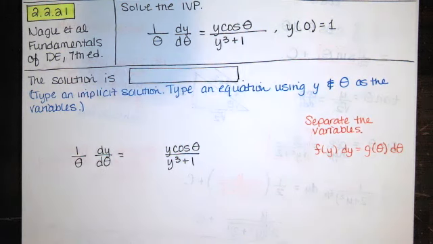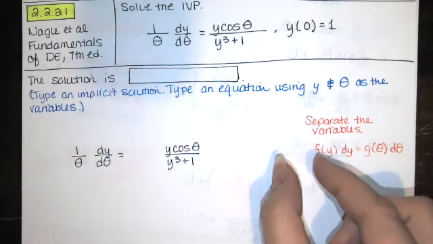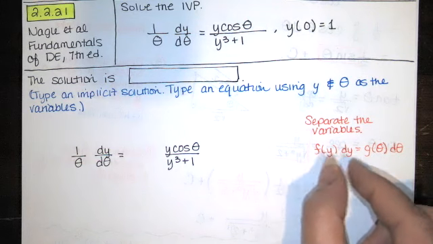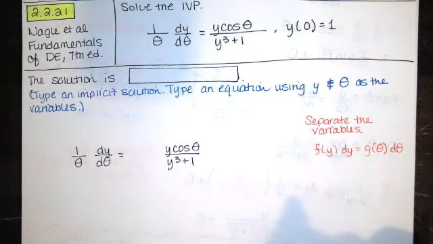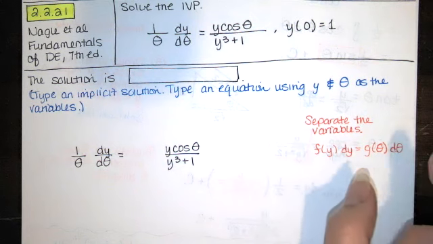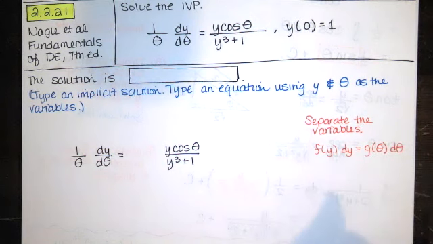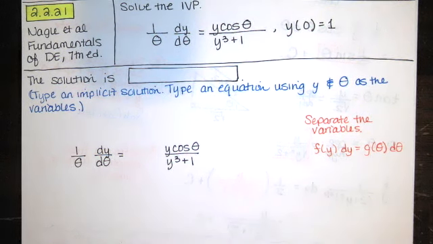Now, one other thing you should be cautious about is that when you are separating the variables, you can't have a function of y plus dy, or plus or minus dy, or a constant times dy. It has to be a product. It has to be a function of y times dy. And we have to have a function of theta times d theta over here. Otherwise, it's not separable. Okay, so we're going to be able to get this in this form pretty quickly.